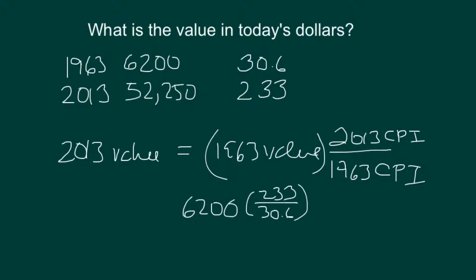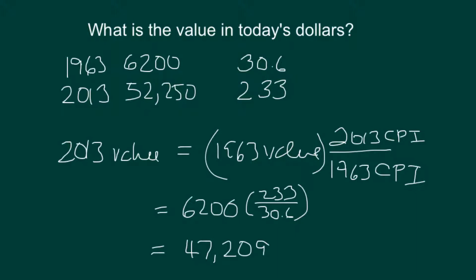And that works out to 47,209. This 30.6 removes the 1963 dollars from this amount, and then we put in the 2013 dollars by doing this. So it's this ratio, the relationship of the 2013 price level to the 1963 price level, that will give us this amount here.